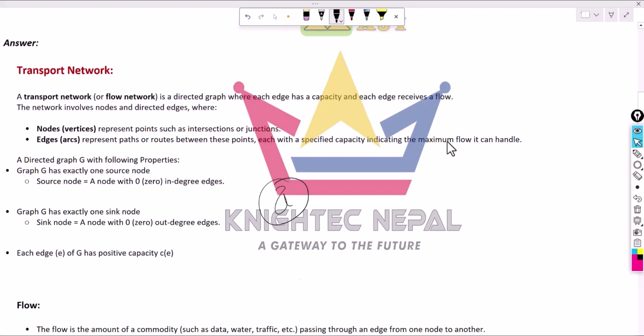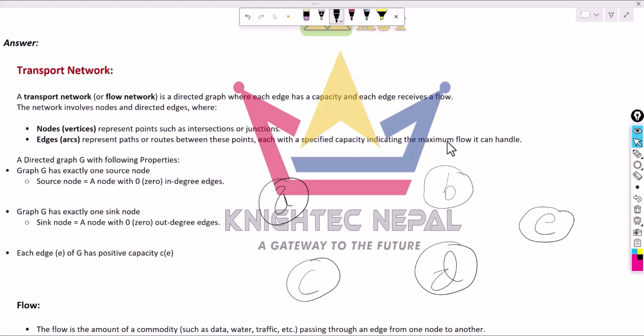Let us assume this B as another node, and there will be C, and D, and E. So let us make a directed path.